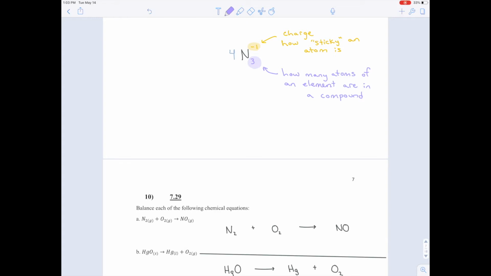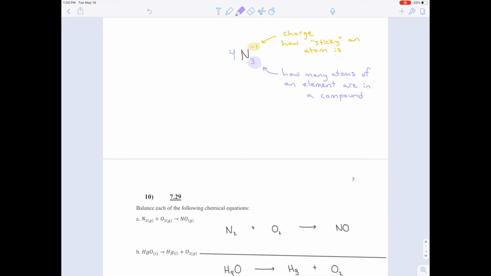You can think of it as a little truck, and the number at the bottom right tells you how many of each type of Lego you used to make one of those trucks. So there would be 3 nitrogen atoms in this truck, and the whole thing would have a stickiness of -1.